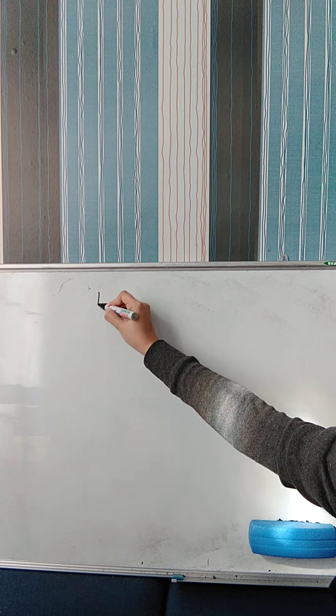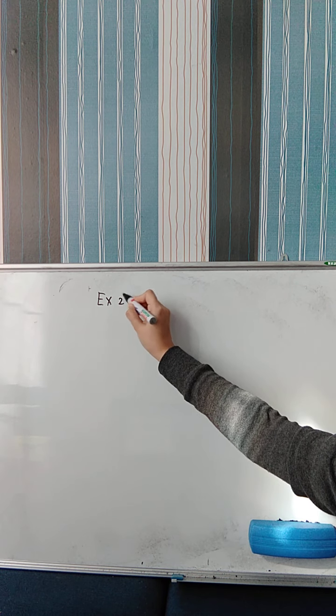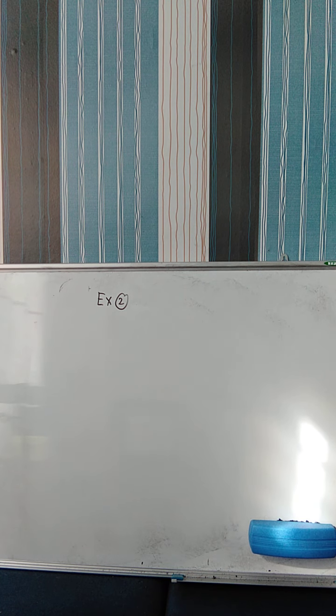Next we continue to example 2. For example 2, first find the value of n and the standard deviation, because we need to identify the suitable test statistic.